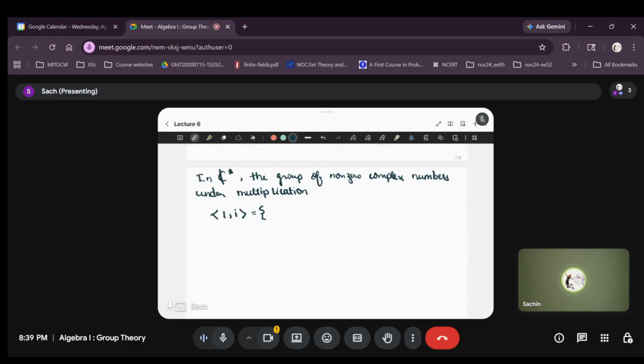So there are no multiples and there is no addition. There are only powers and products of powers. You just have to get used to it by solving examples. So what will be the subgroup generated by 1 and i?